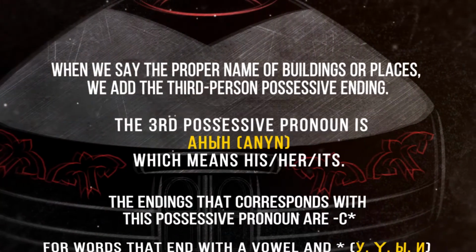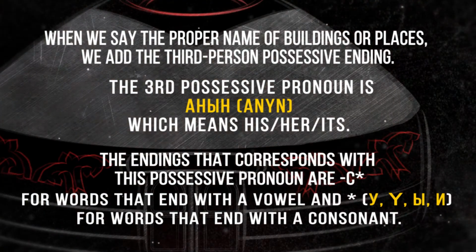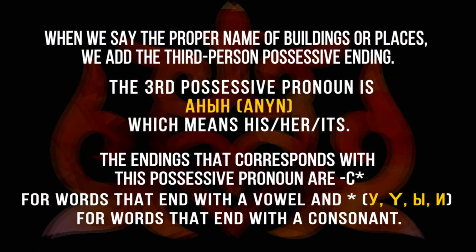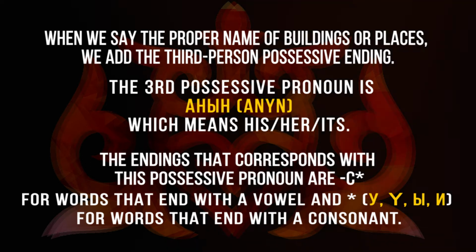Another common mistake that Kyrgyz learners make is forgetting to add possessive endings. When we say the proper name of buildings or places, we add the third person possessive ending. The third person possessive pronoun is anın, which means his, her, its.